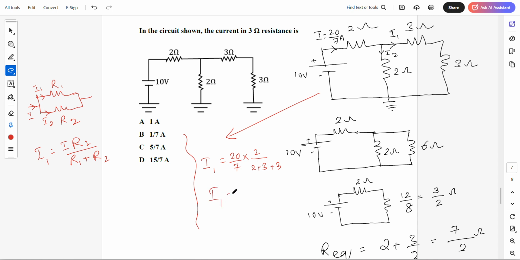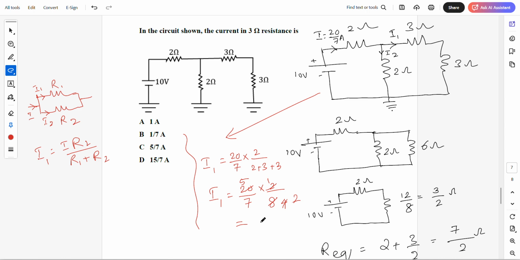So I1 is equal to 20 by 7 into 2 by 2 plus 3 is 5 plus 3 is 8, right? Now I can cancel this. I can write this 4 times and this 5 times.